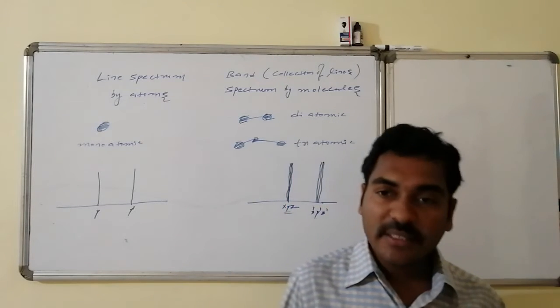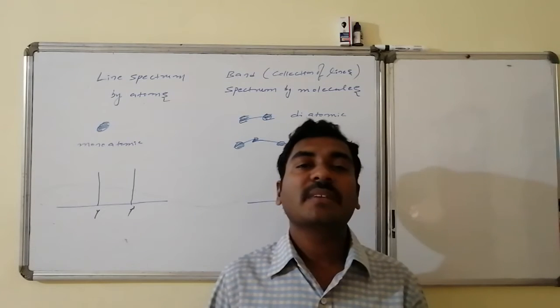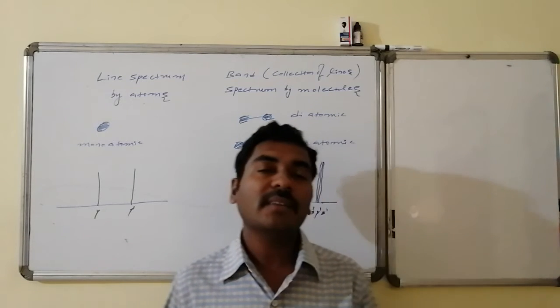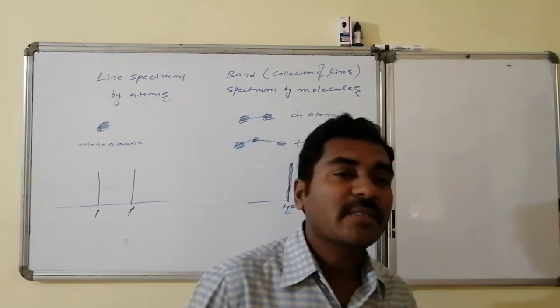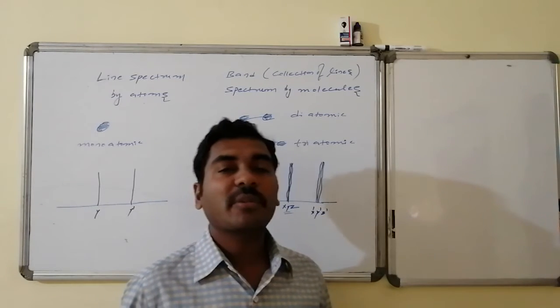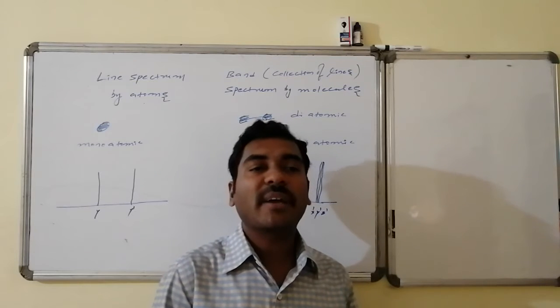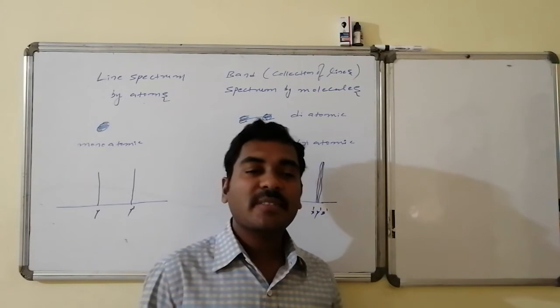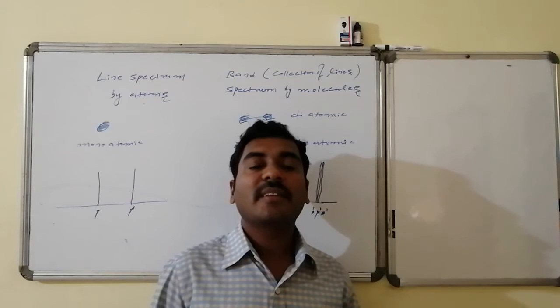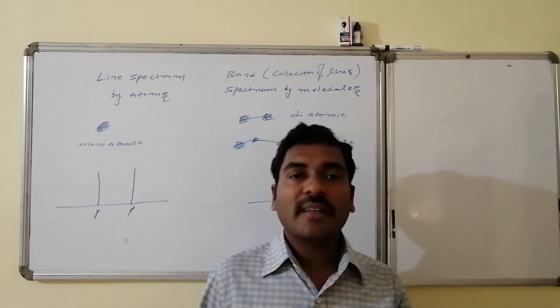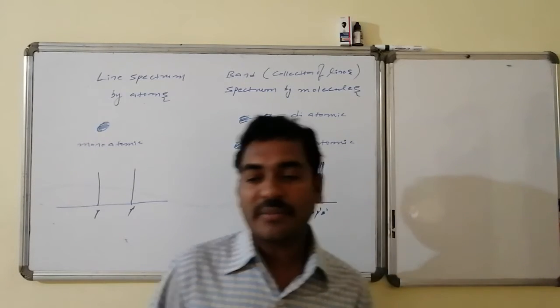Similar to the line spectrum, if molecules are present, then they will produce a band spectrum. Once again, emission spectrum reveals a collection of bright colored bands on the dark background. Similarly, absorption spectrum gives us dark colored bands over the bright background.